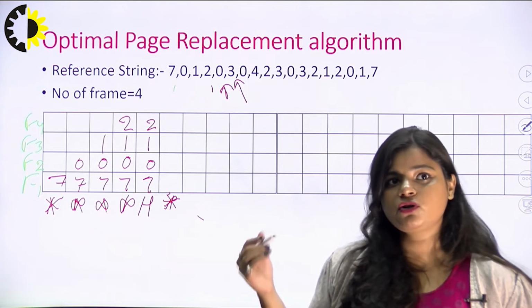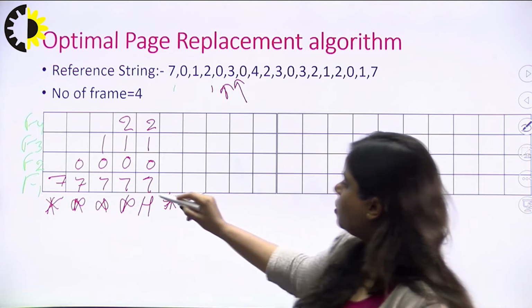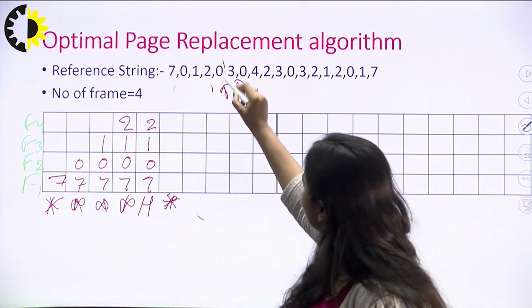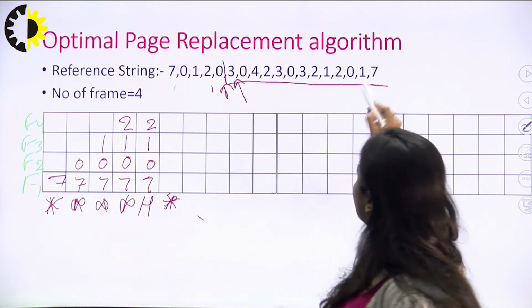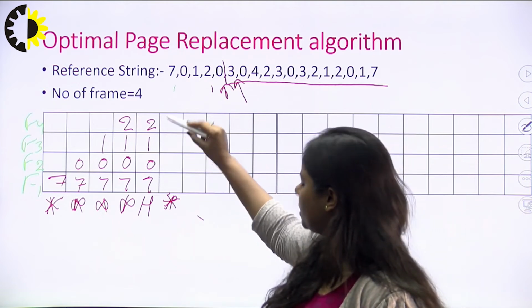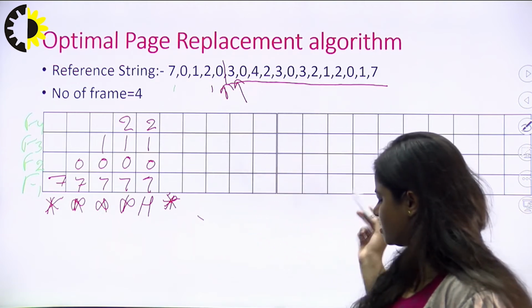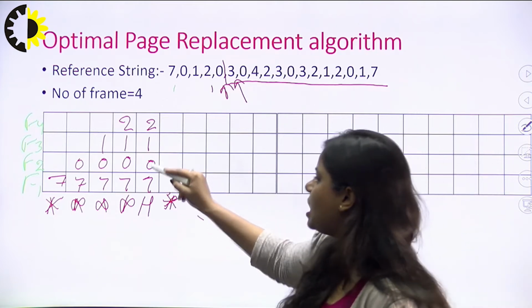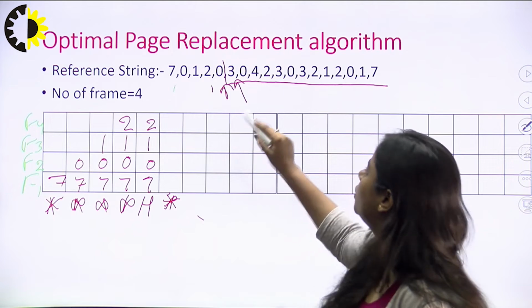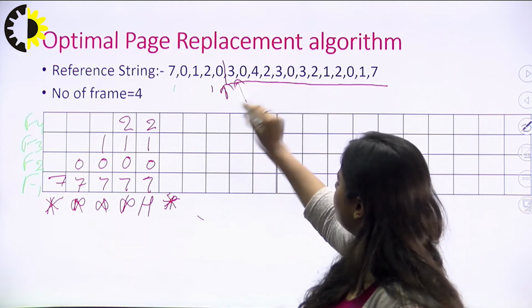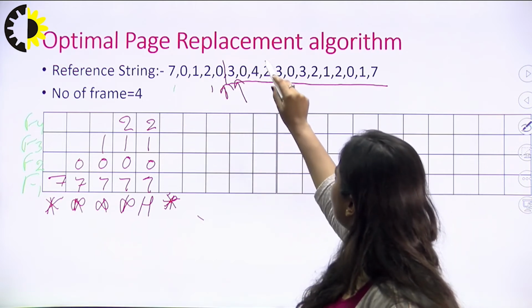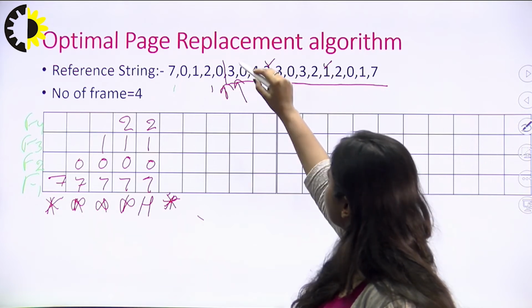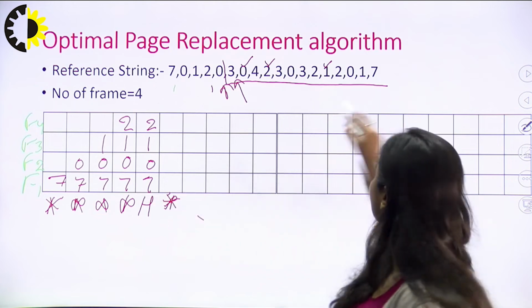Where will we write 3? We will see first. We already have pages 7, 0, 1, 2. We will see, from here onward in the upcoming string, which page will come last. We will replace the page which will come last among 7, 0, 1 and 2. So let's see, start with 2 we have got, 1 we have got, 0 is here, so 7 comes last.